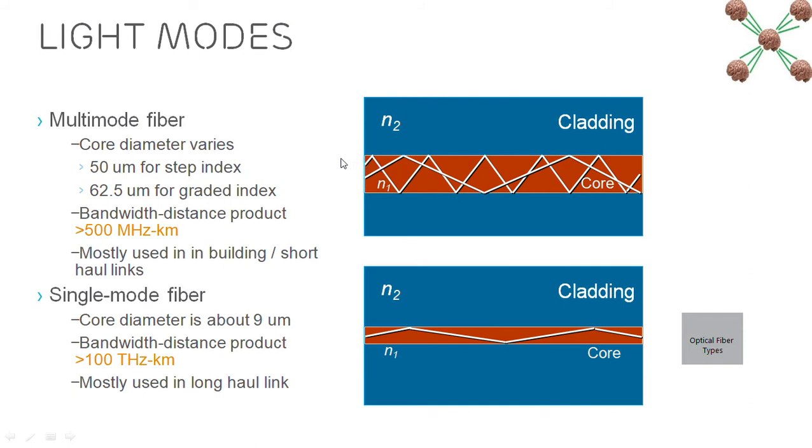But because this has a very large area from where it can take light, and because the wavelength of light is very small, we can have multiple rays traveling inside this core. And because there may be multiple rays, that's why it's called multi-mode. And these multiple rays, even though from the face it may look better to some people, generally it's bad for us.